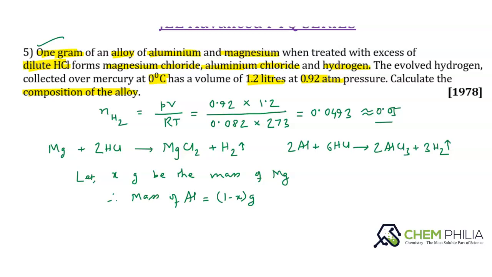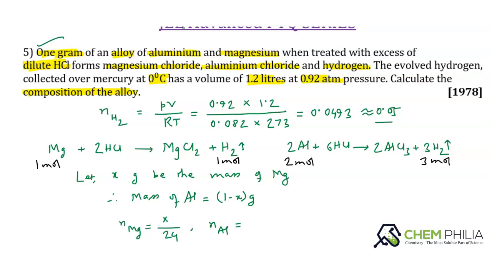Now one more thing, I must tell you that as per reaction, 1 mole of magnesium gives 1 mole of hydrogen, while 2 moles of aluminium gives 3 moles of hydrogen. Clear? So number of moles of magnesium will be mass by atomic weight. Mass is x, atomic weight is 24.